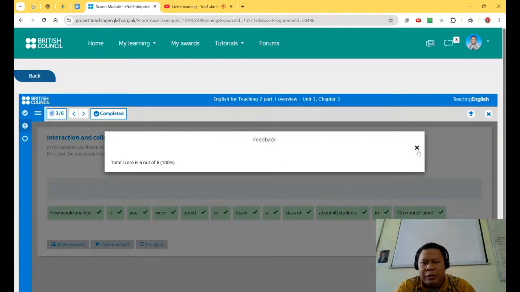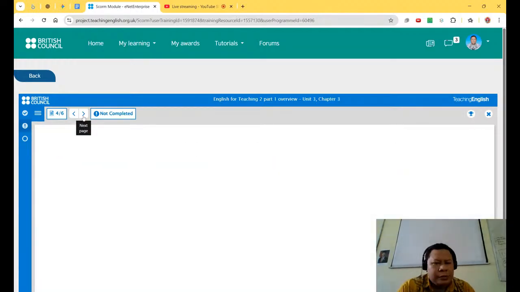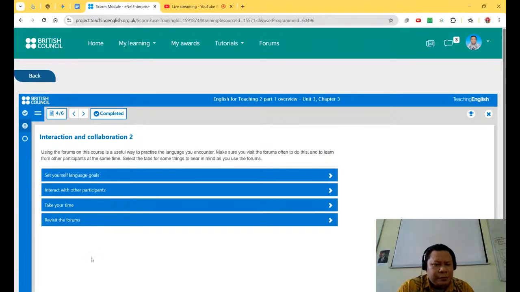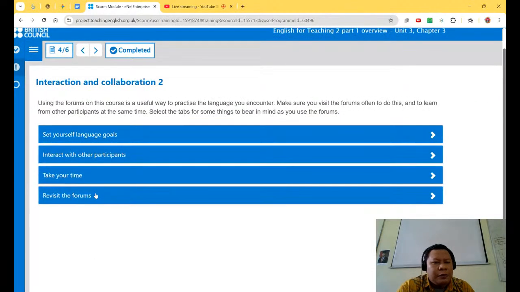Alhamdulillah, finally. Now go to page 4. Interaction and collaboration. Using the forum on Discourse is a useful way to practice the language you encounter. Make sure you visit the forums often to do this and to learn from other participants at the same time.